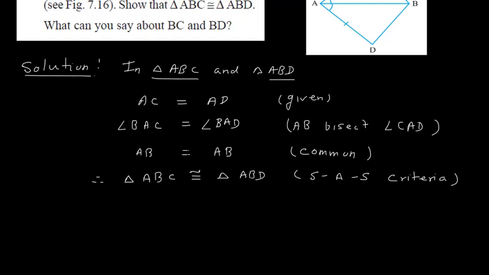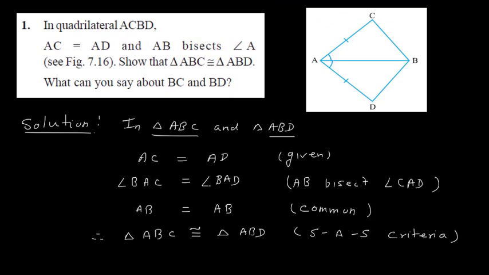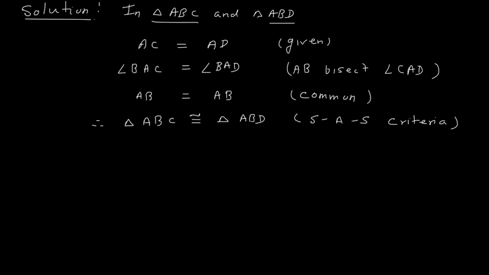So from the triangles you can figure out that BC and BD are corresponding parts, so they are going to be equal. So I will say that BC is equal to BD, and here I will write corresponding parts of congruent triangles. This is how you have to put your solution.